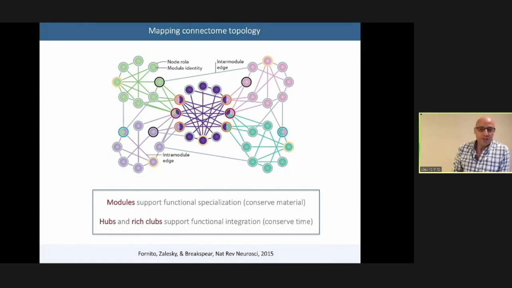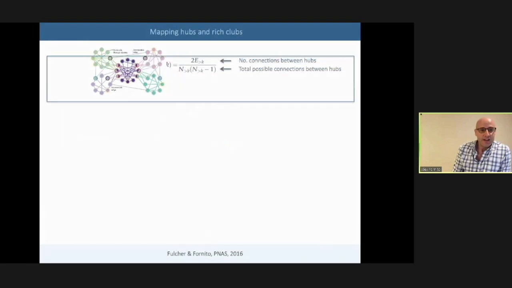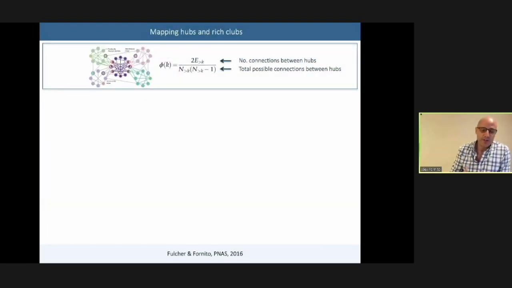Now, hubs and rich clubs have a lot of interesting properties that suggest they really play a key role in how the brain negotiates trade-offs between Cajal's conservation laws. And so I'm going to dwell a little bit on how we define them. Now, there are lots of different ways to define hubs, but assume we take the simplest possible measure, which is just node degree, and that's the number of connections attached to a node.